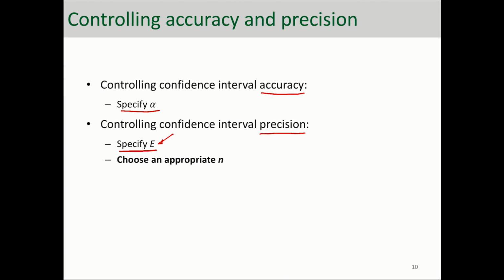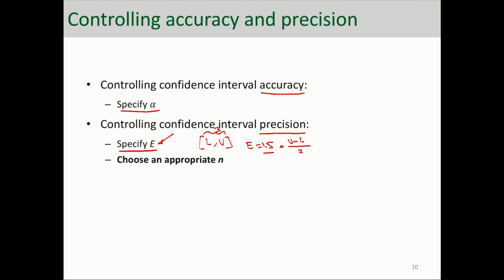So that's specifying the precision that you want. That means you essentially want a confidence interval that has the width of 3, or half width of 1.5. Half width is U minus L divided by 2.